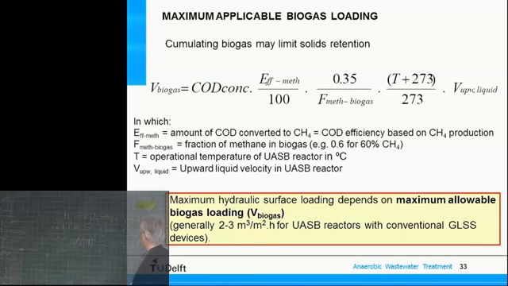Right? And then you can calculate that 1 gram of COD is 22.4 divided by 64, which is this 0.35 liter of methane. So this converts, in fact, the mass of COD into the volume of methane gas. Right? Okay, that is this factor 0.35.